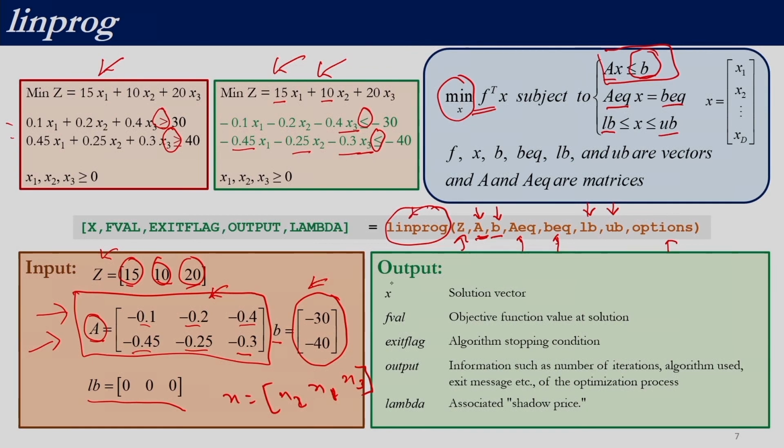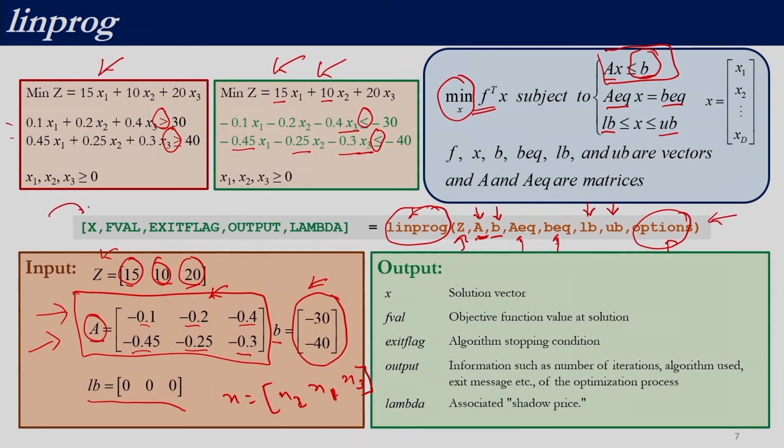Remember, all functions require some kind of user defined input. If nothing else, you need to at least select which algorithm linprog is going to use, but for all of them MATLAB by default selects some value. If we want to override the default value, we can use this options to do that. But right now we will not be looking into this options, though that can be done.